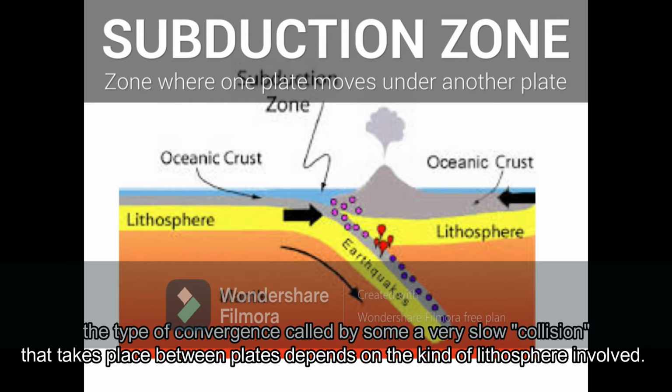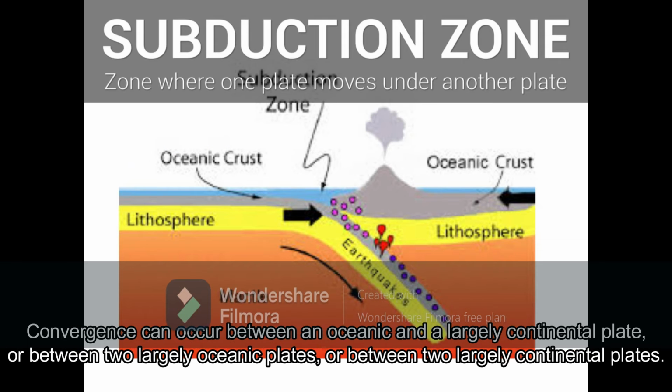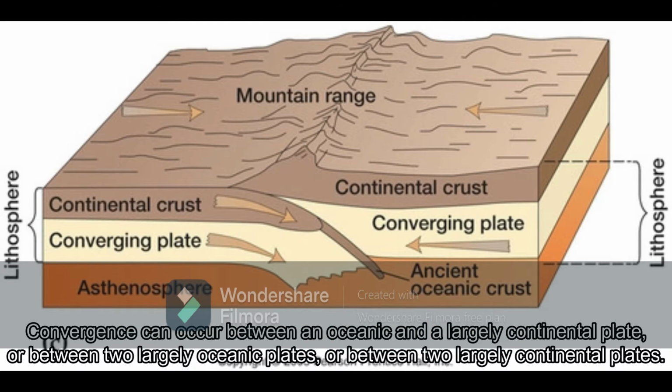The type of convergence, called by some a very slow collision that takes place between plates, depends on the kind of lithosphere involved. Convergence can occur between an oceanic and a largely continental plate, or between 2 largely oceanic plates, or between 2 largely continental plates.